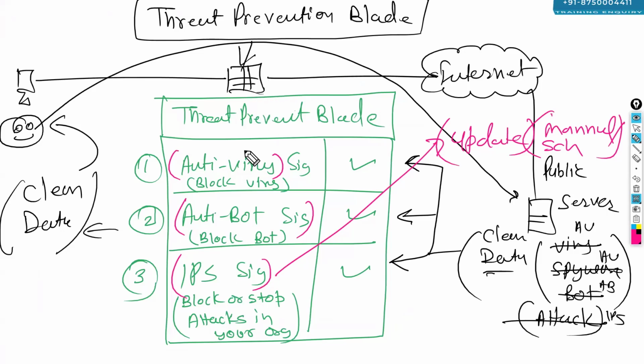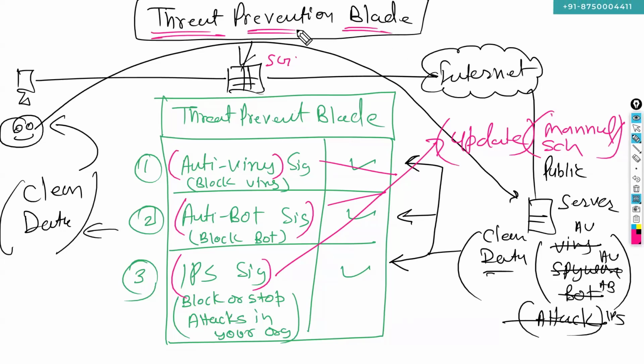This will be done by the Checkpoint Security Gateway. And what about the signature updates? The antivirus, anti-bot, and IPS signatures will be updated. You can update them manually or schedule them. It is up to you. So data will be cleaned, or purified, with the help of the threat prevention blade.